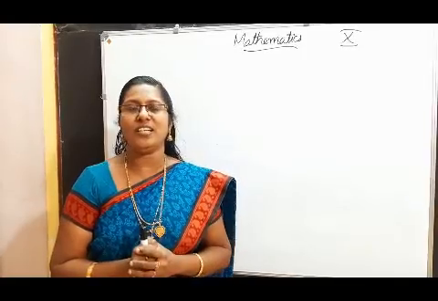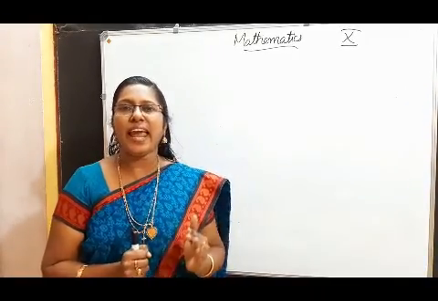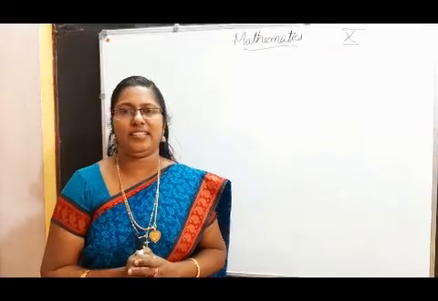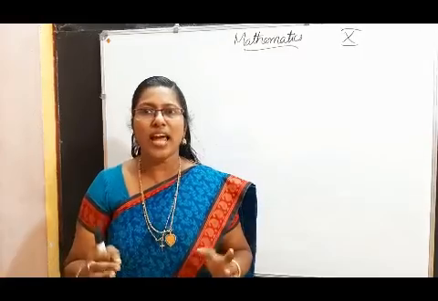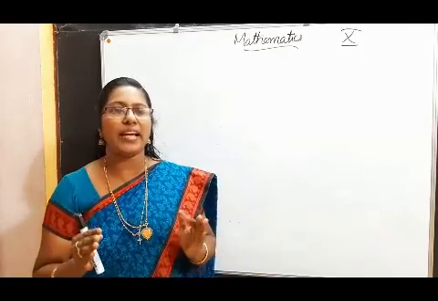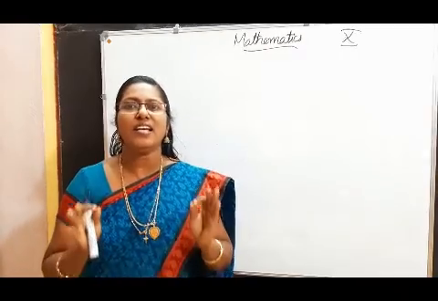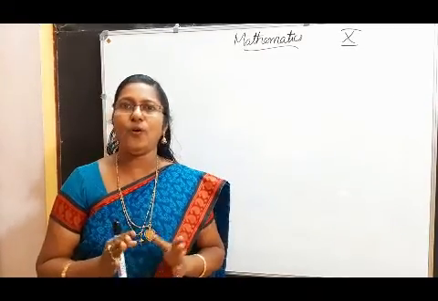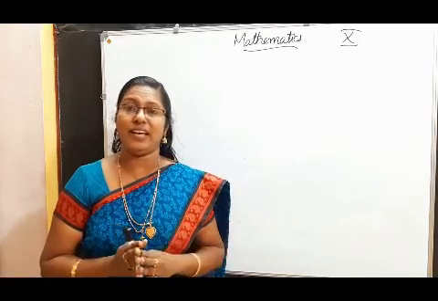The first one, theorem 6.3, that is the AA similarity criterion. The criterion says, if in 2 triangles corresponding angles are equal and their corresponding sides are in the same ratio or proportional, hence the triangles are similar.